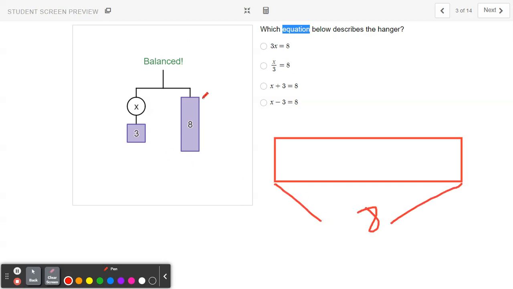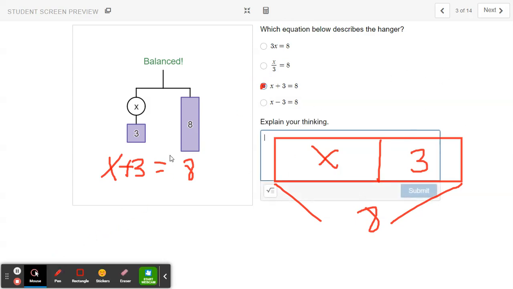And we know that on the other side, there was an x and a 3, right? So this is telling us we don't have 3 x's, we have 1 x and a 3. So that's x plus 3 on one side, and it's equal to 8 on the other side. So this particular hanger diagram shows x plus 3 is 8.